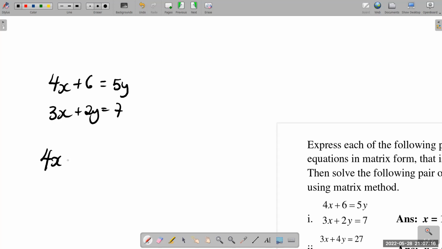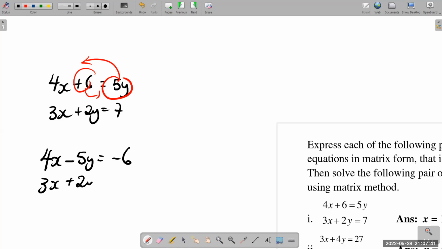So 4x minus 5y is equal to -6. Do we agree with this? Is this correct? Because when I move 5y over, it's going to become negative. When I move plus 6 over, it's going to become negative. So we're good to go. And the second equation is done, sorted out. 3x plus 2y equals 7.